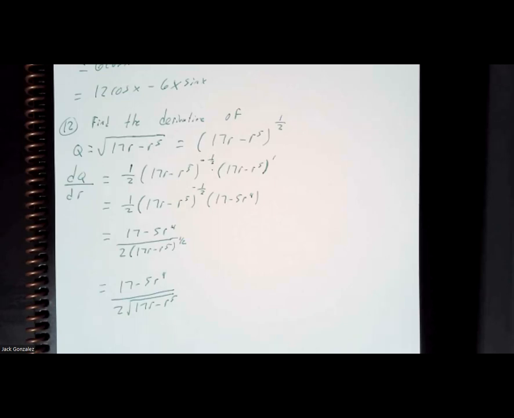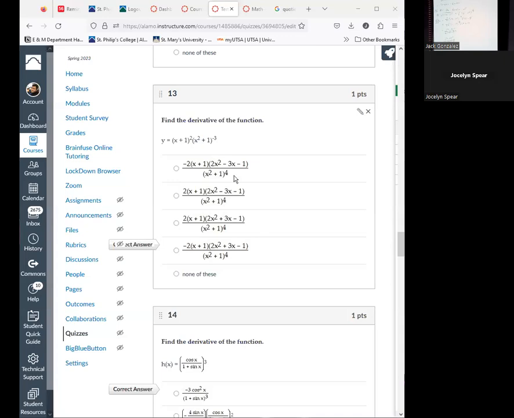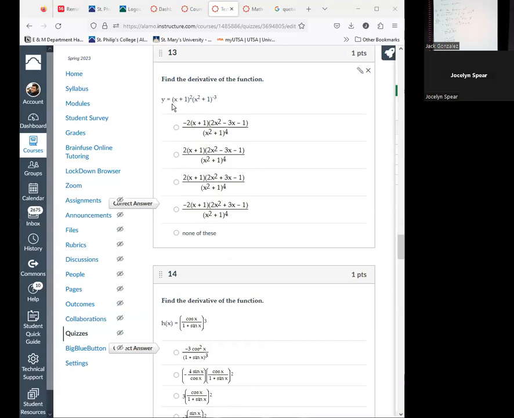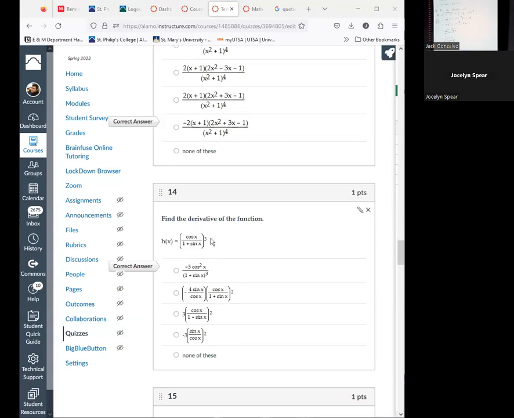Does that make sense? The chain rule or any step that's weird? It does. Okay, got it. The 13 and 14 are going to be product rules, or 13 is a product rule, but during the product, you can have a chain. 14 is the same thing.